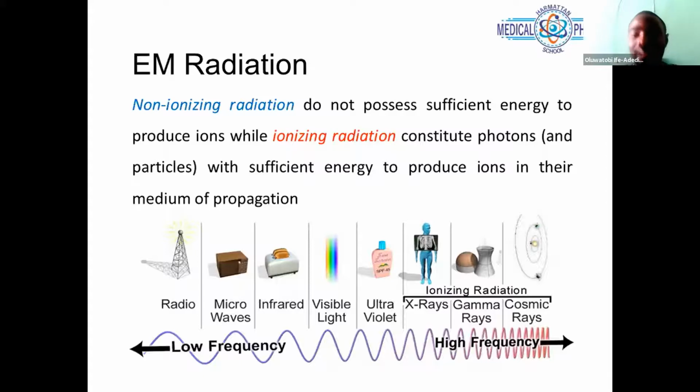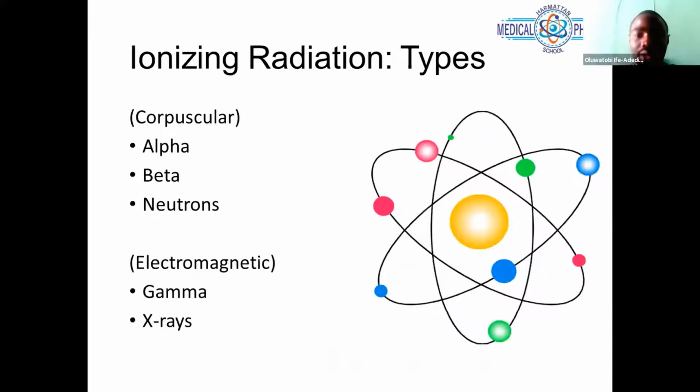So when we're talking about photons, we're talking about X-rays, gamma rays, and cosmic rays, which are ionizing radiation and also electromagnetic in nature. So basically, for the ionizing radiation which we are interested in health physics, we have the particulate ones and the electromagnetic ones, which we have mentioned initially.